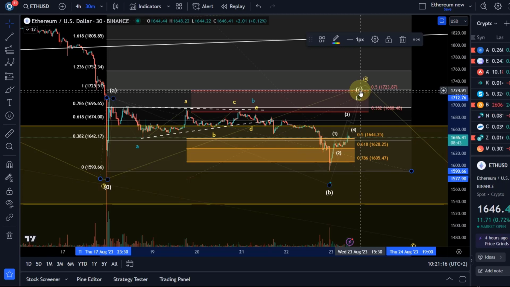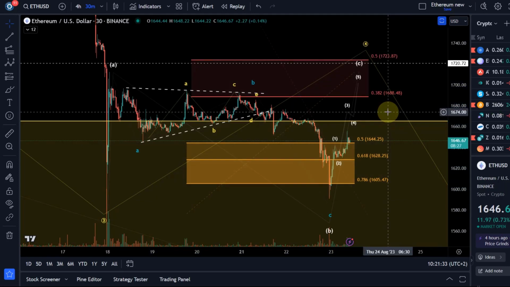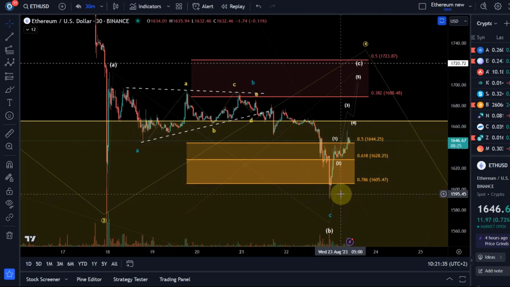Again, at 1720, a sustained break is needed to really unlock much higher price potential and to indicate that a low is in. But until then, we focus on lower, and it might be a possible target for the C wave, however.